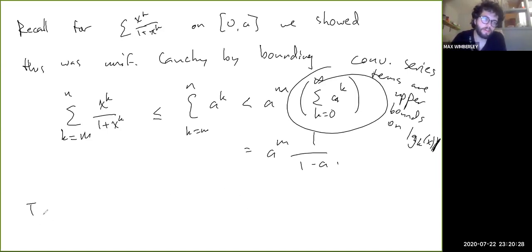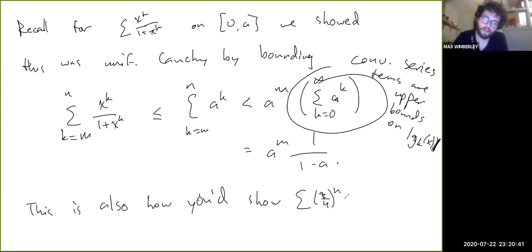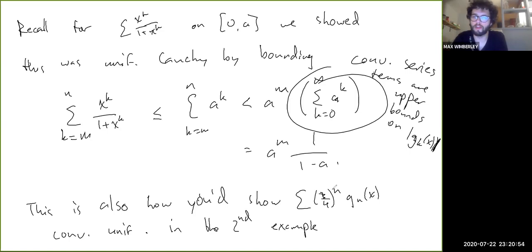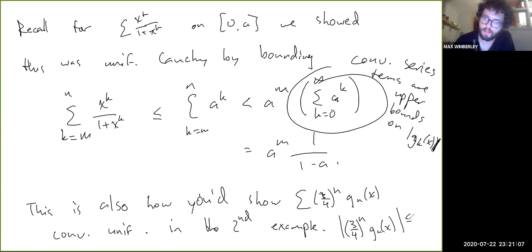This is also how you'd show that the sum of (3/4)^n g_n(x) converges uniformly in the second example from the previous video, right? Because the absolute value of (3/4)^n g_n(x) is less than or equal to just (3/4)^n, and if you sum up (3/4)^n, you get a convergent geometric series.